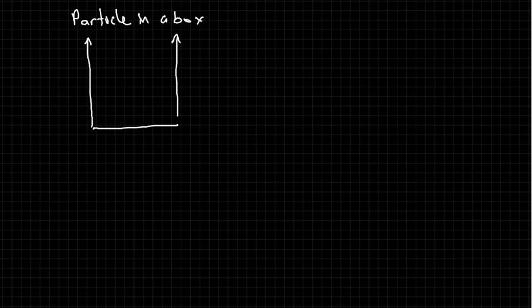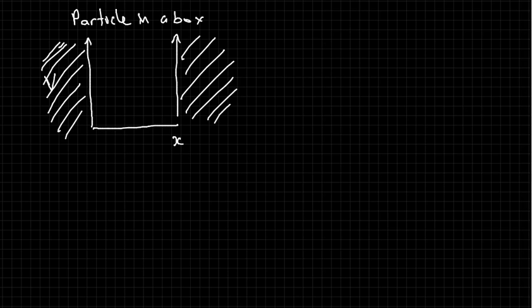So our boundary conditions for a particle in a box: the potential can be considered to be basically a region where there is no potential. So let's say that this is x, and we'll put over here the potential. Outside of this region, the particle cannot be.